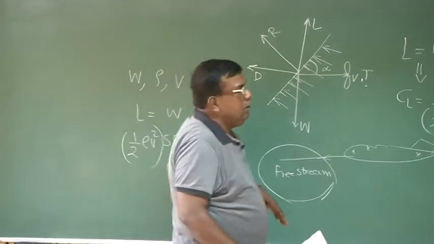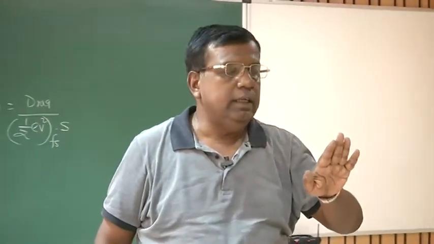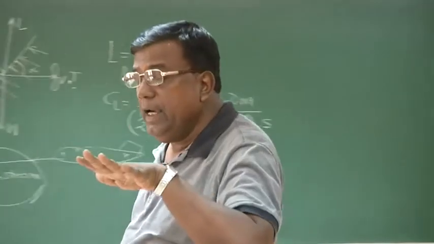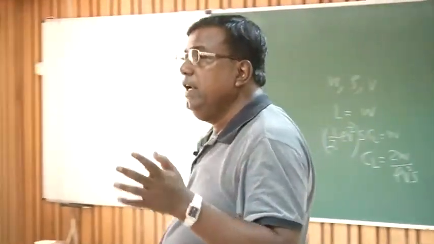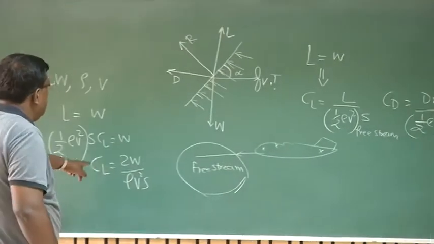But then, how do I generate this CL? I will be turning this plate at an angle, or turning the airplane at an angle, so that the total CL of the aircraft is what is dictated by this CL.